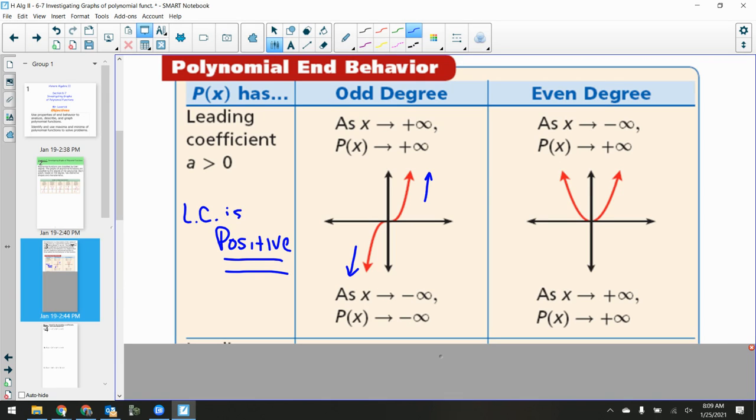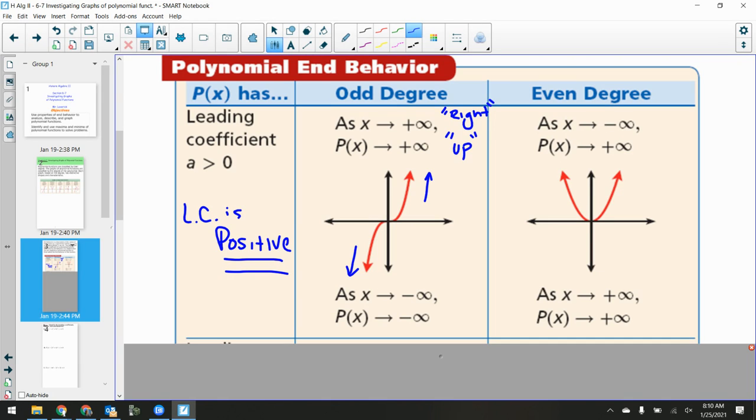So here's how we say that. As x approaches positive infinity, as x goes bigger and bigger on the right side, the function p of x, the y values go up. Right? Up. That's what this notation is really saying. On the right, it goes up.